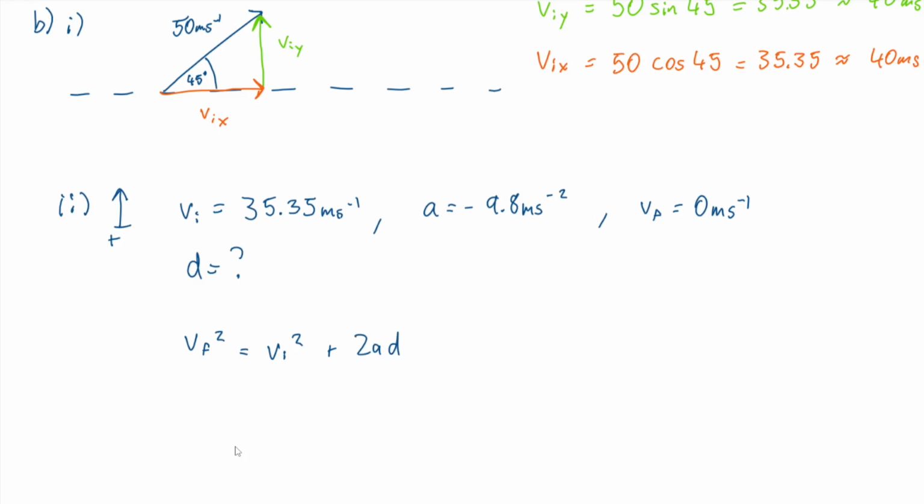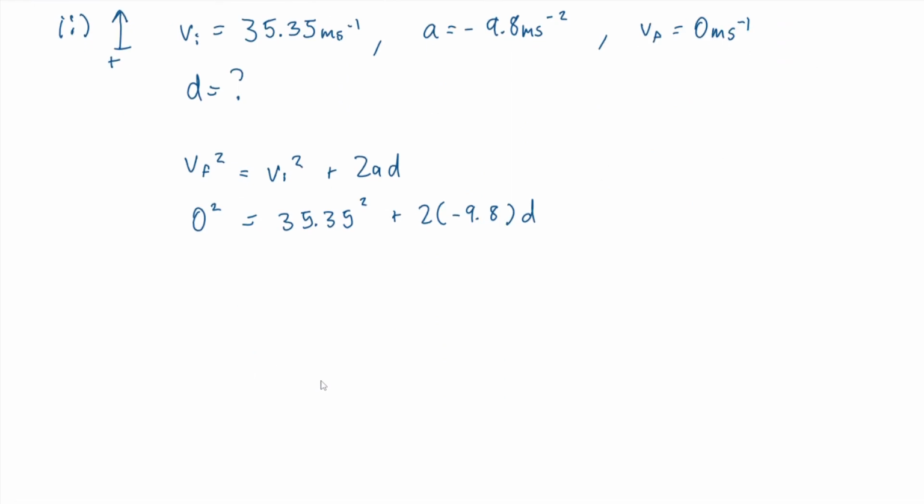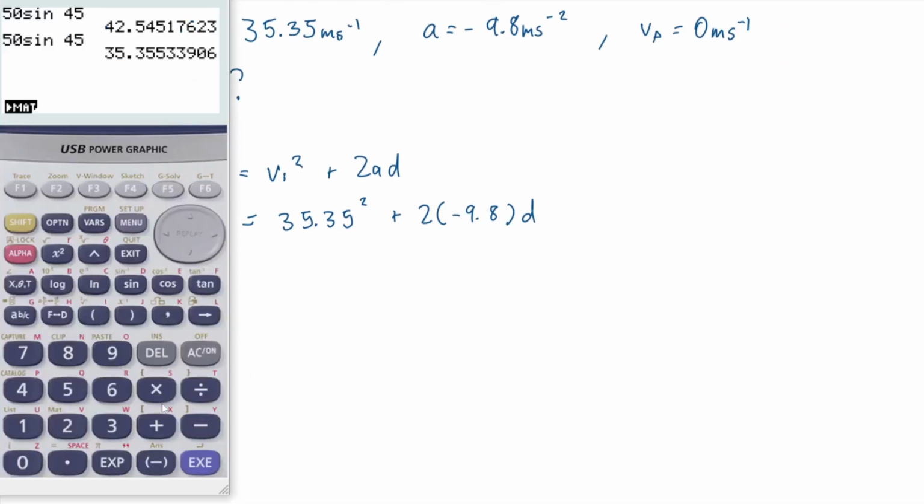Substituting in our values, Vf squared equals Vi squared plus 2 times acceleration, negative 9.8, times d, which is what we're looking for. So using our calculator, now here's a top tip. If our last answer was what we need in a further calculation, and in this case it was, we can use shift minus at the bottom to give the answer.